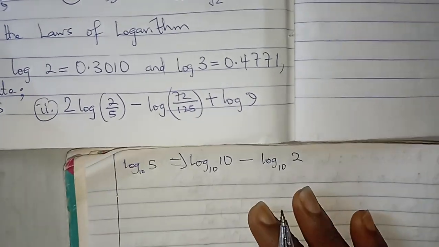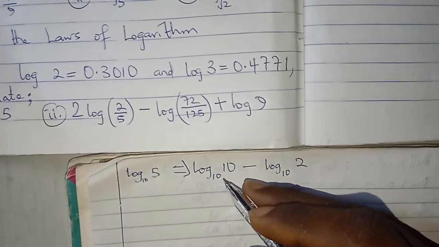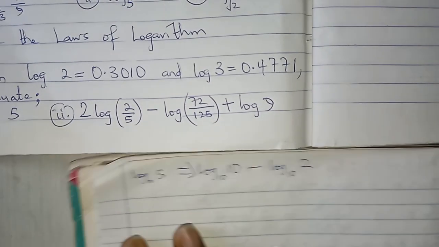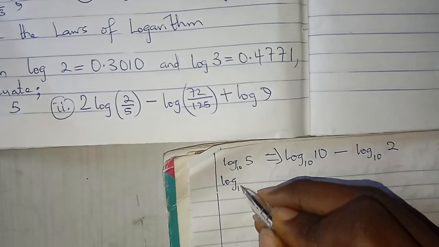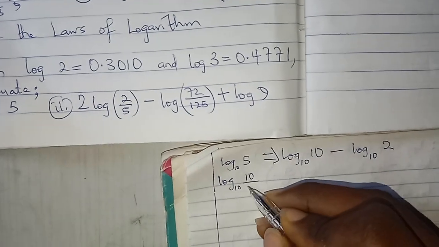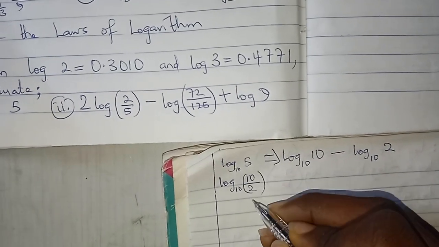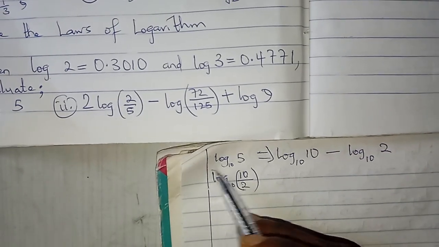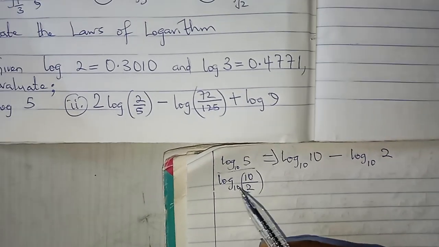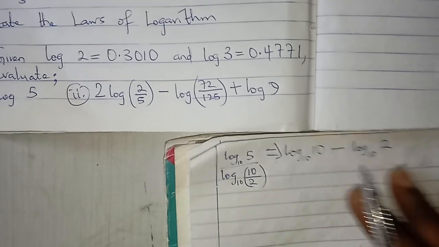Notice, right? Let's check something. If I have this, what I mean is that this is log 10 over 2 to base 10, which is log 5. That's what they're asking us to find.